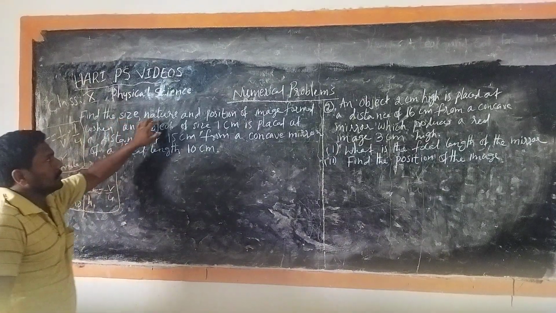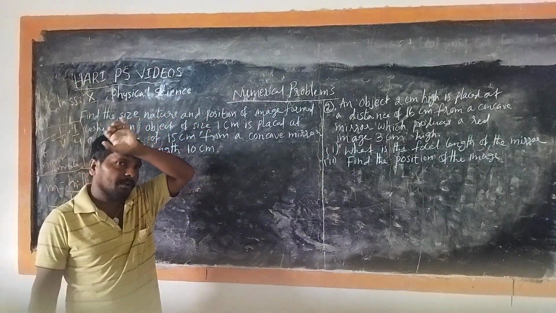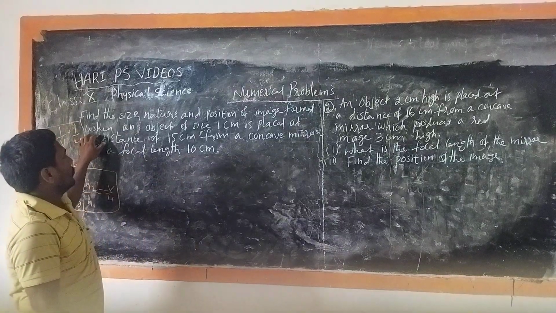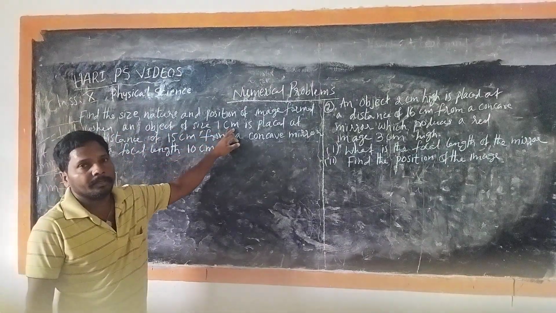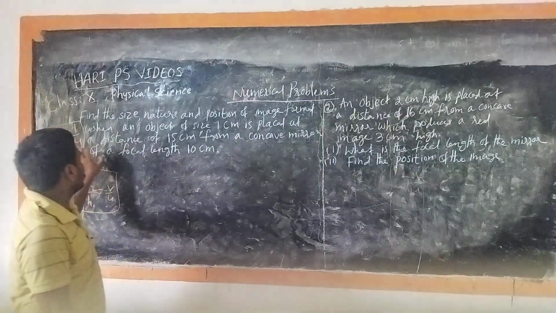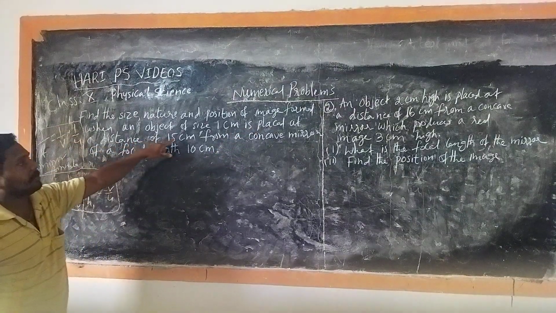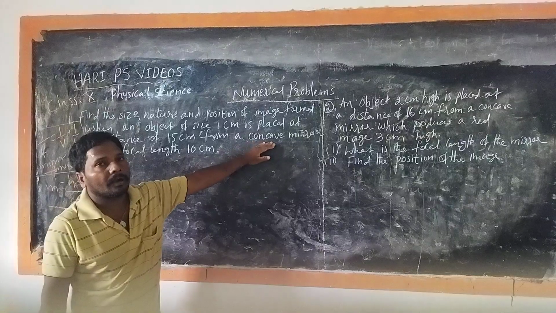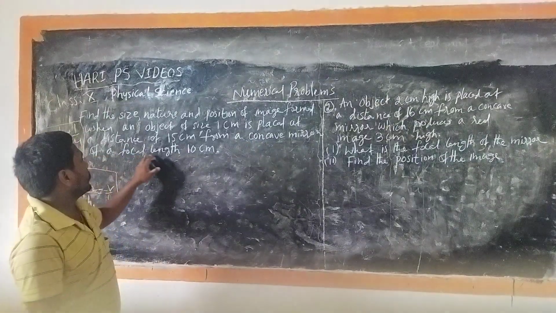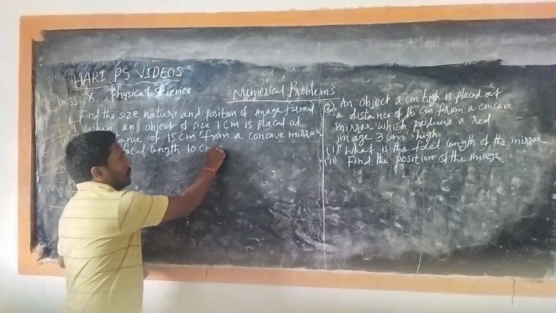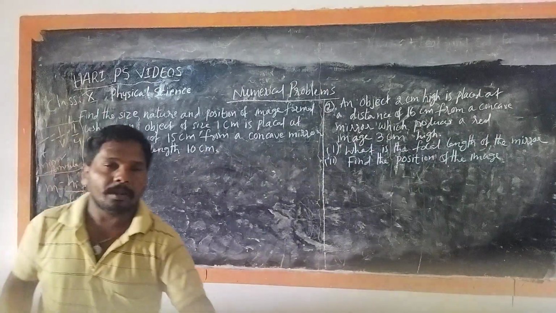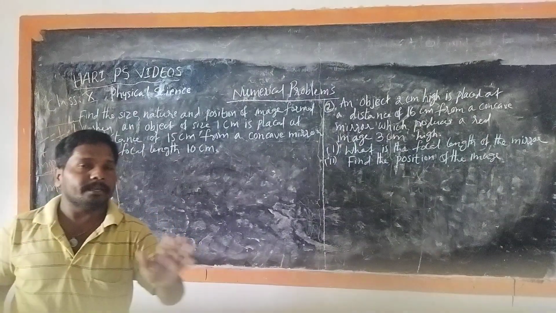Find the size, nature and position of image when an object of size 1 centimeter is placed at a distance of 15 centimeter from a concave mirror of focal length 10 centimeters. Read the problem at least twice or thrice.